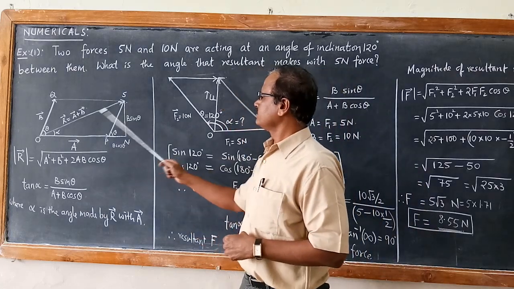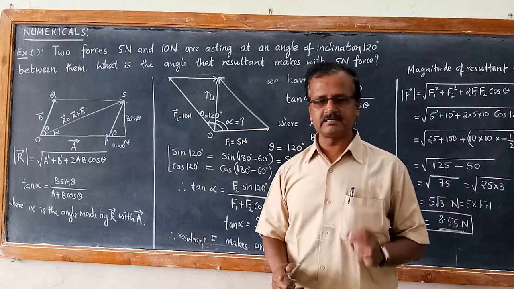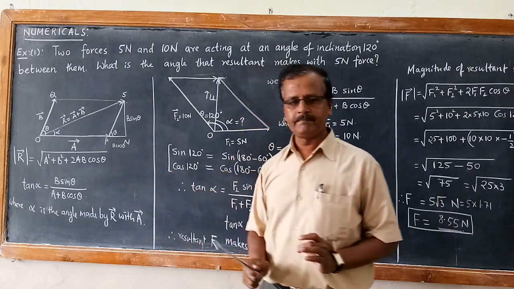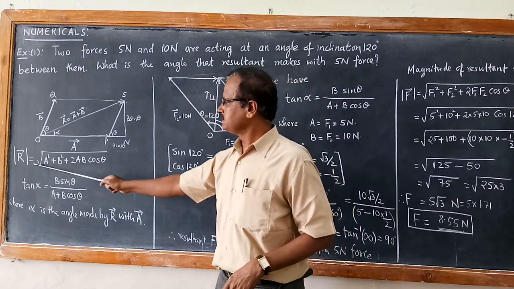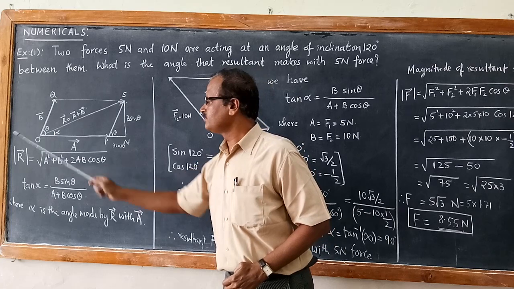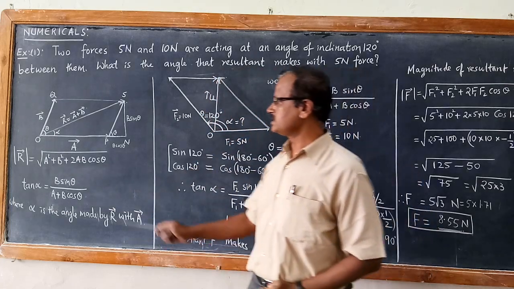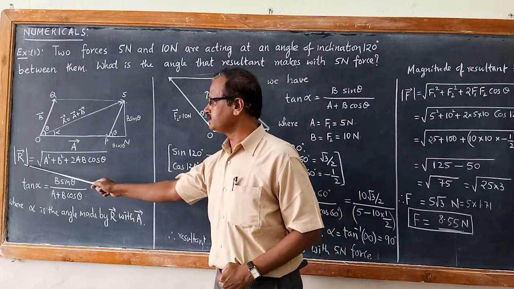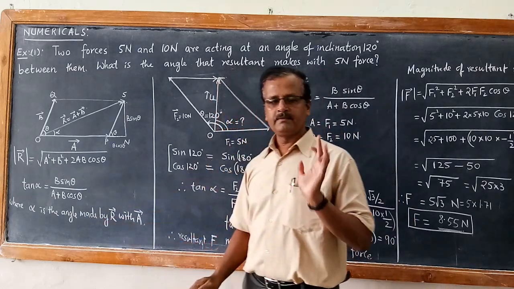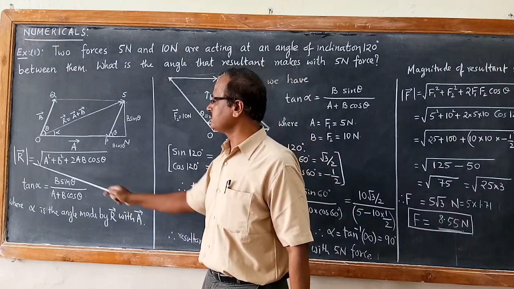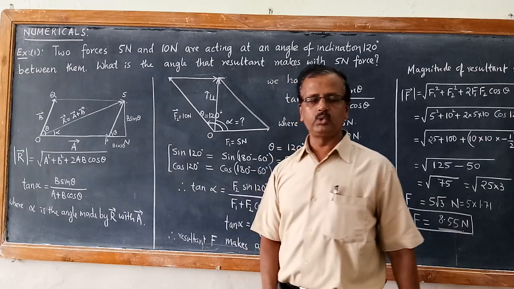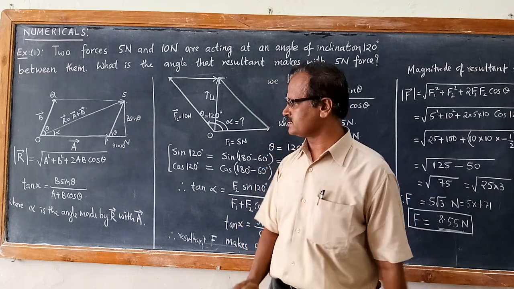The diagonal OS becomes the resultant, vector R equal to vector A plus vector B. The modulus of vector R represents the magnitude of R. Magnitude of R is equal to square root of A squared plus B squared plus 2AB cos theta. That's what we found yesterday.